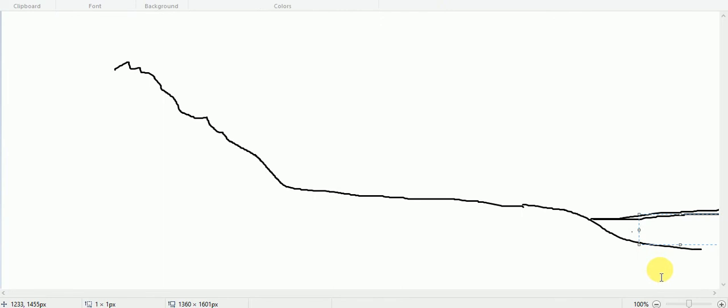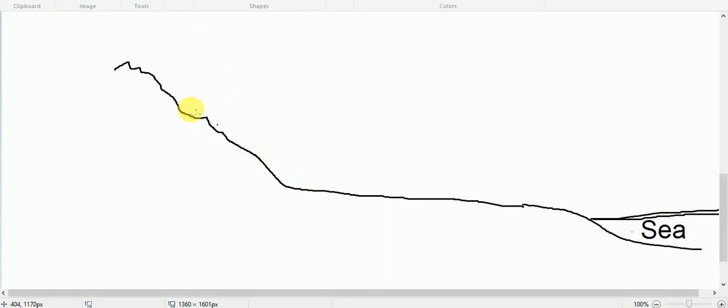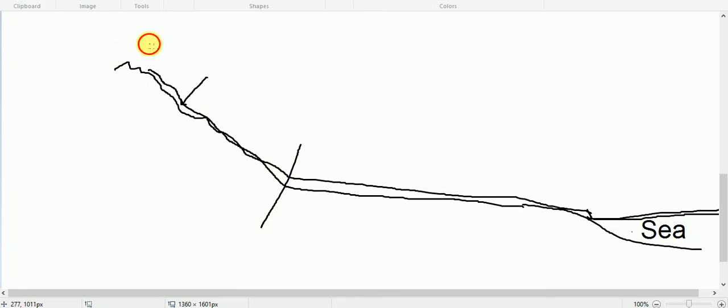Generally, as you know, rivers originate from the mountainous area. So a river is originating from here and it is flowing down, and it enters the sea like this. So here the river in the mountainous area up to the foothill.